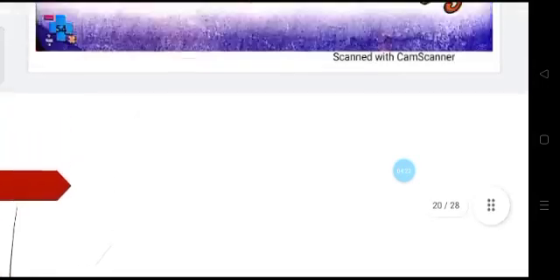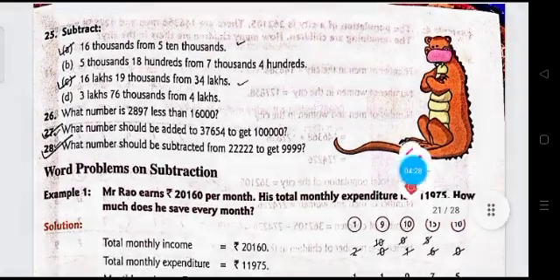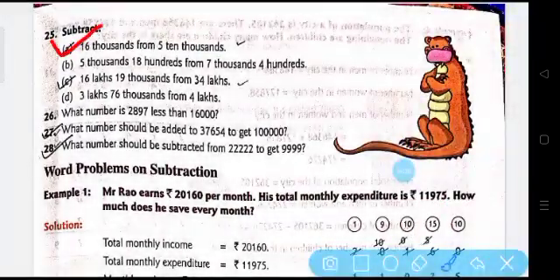Now let us read the next question, that is question number 25. Question number 25, A part we will be doing. That is, 16,000 you have to subtract from 5 10,000s. Again, first you will write the place value chart and then adjust the values.